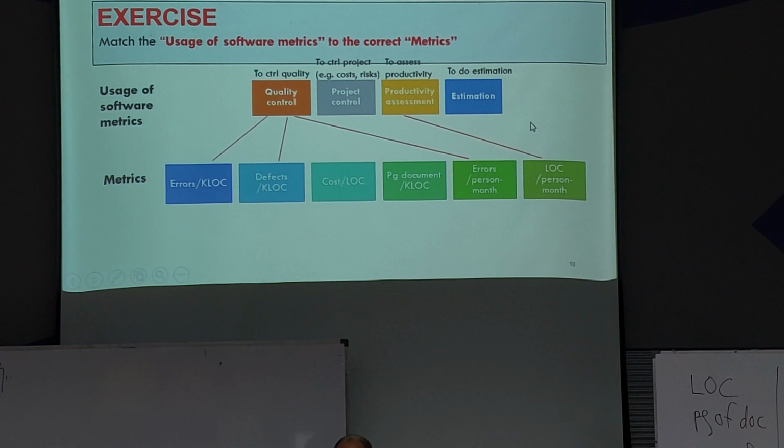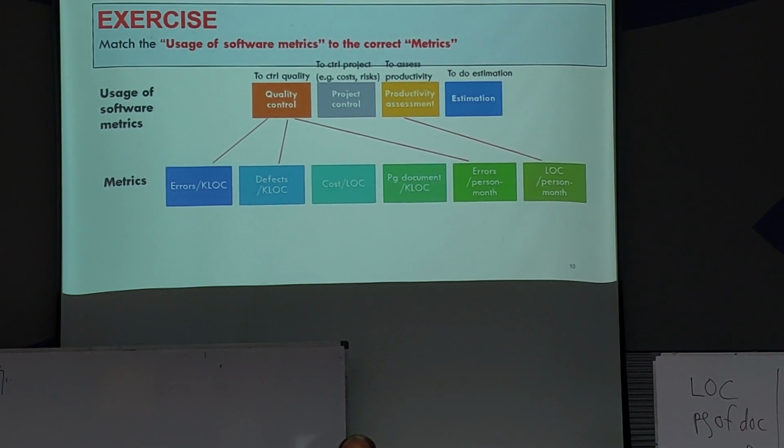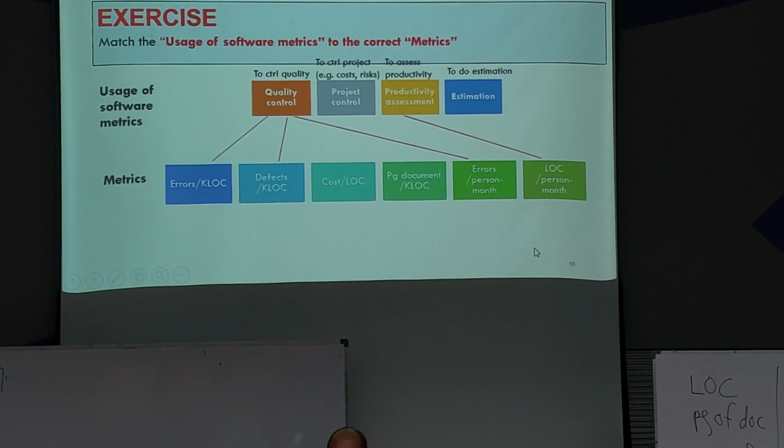Lines of code per month can be used to assess productivity. So you measure how many lines of code are produced by a software engineer per month. Every month you measure: January, February, March, and so on.